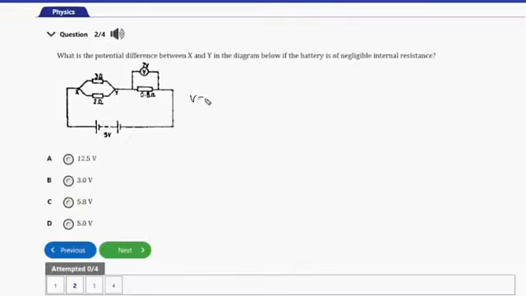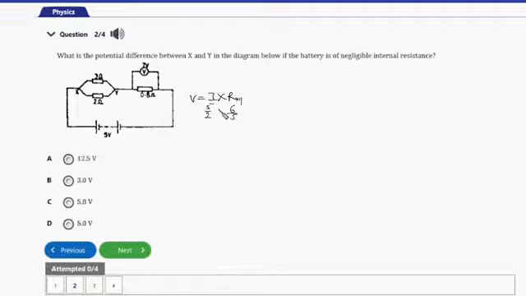So V across X and Y will be I, the current, times the resistance R across X and Y. We initially calculated the resistance across X and Y to be 6 over 5, and we got the current in this system to be 5 over 2.